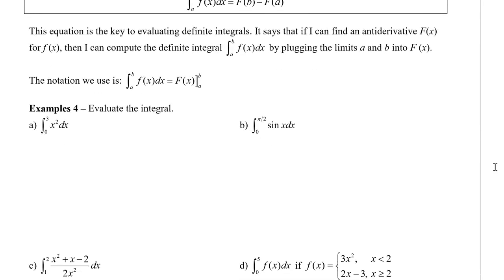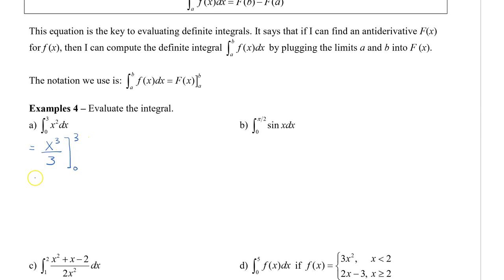So here I have the integral of x squared dx from 0 to 3. The first thing I'm going to do is find the antiderivative of x squared, which is x cubed over 3. I'm going to draw the square bracket and put a 0 and 3, which are the upper and the lower limit.